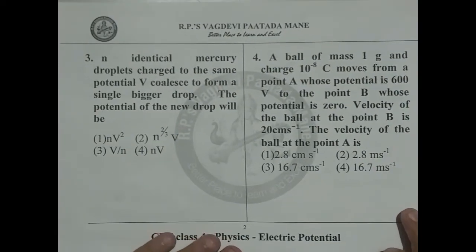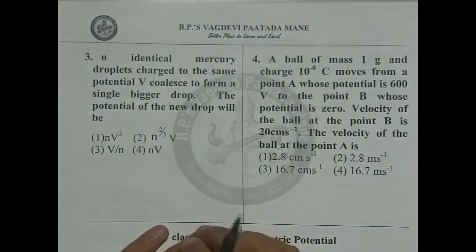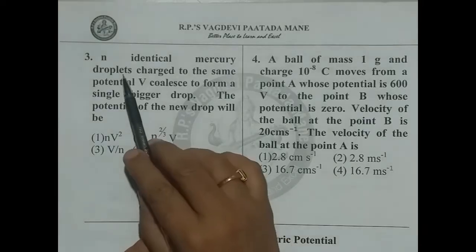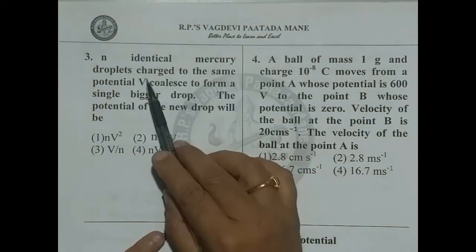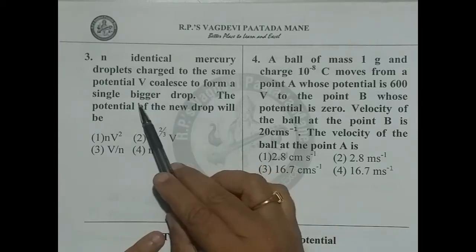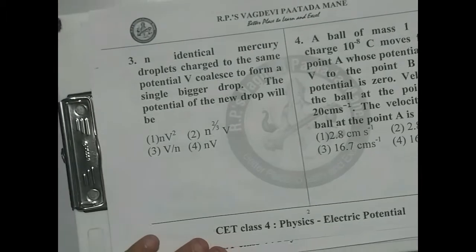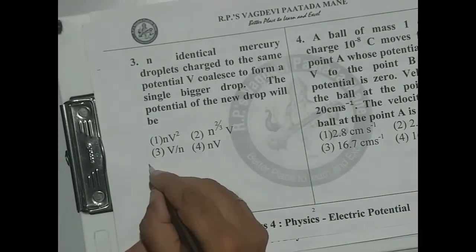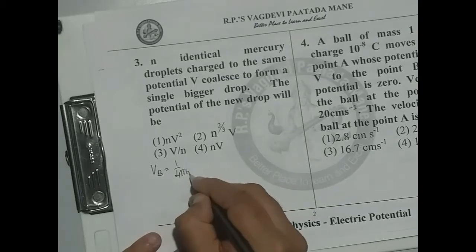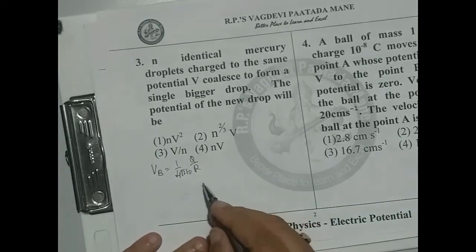Observe, as we had come across in some such combination of drops case in the previous sessions, here also n identical mercury droplets charged to the same charge and potential V coalesce to form a bigger drop. The potential of the new drop, we can simply write potential of big drop as 1 by 4 pi epsilon naught q by r, where q is charge on big drop.